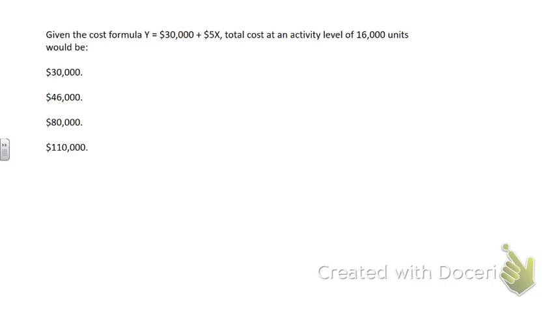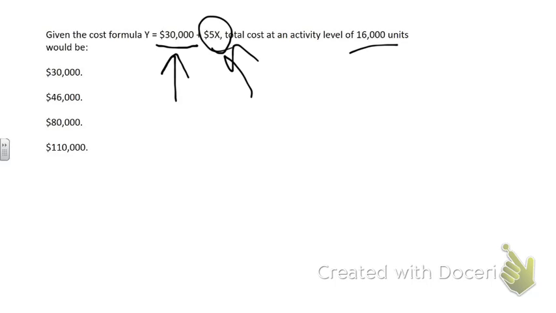The second question is really a good example of what a mixed cost could look like. Notice in this particular case, there's a cost formula that's 30 grand plus 5 times X. The question is what's going to be the cost at 16,000 units? The reason why this is a mixed cost is it's got a fixed cost portion of 30 grand and a variable portion at $5.